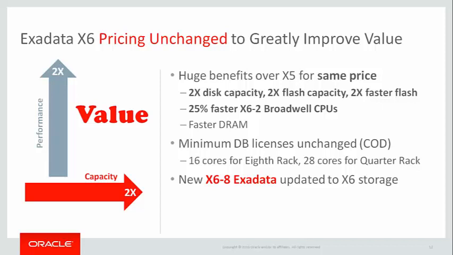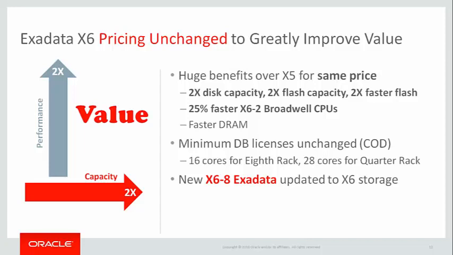One of the very important aspects is that Exadata X6 pricing has not changed from X5, and in spite of that, as I said, we are offering 2 times more disk capacity, 2 times more flash capacity, faster Broadwell CPUs, and faster DRAM.